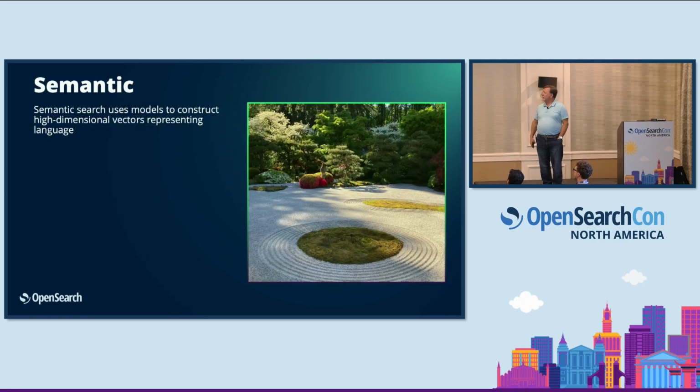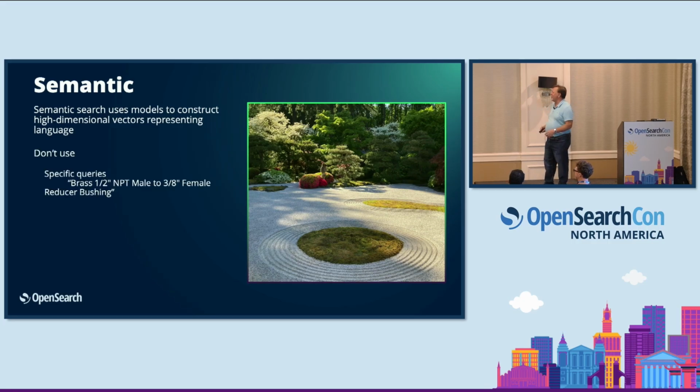Semantic search uses models to construct high-dimensional vectors representing language, right? So again, we're still doing word-to-word. With semantic, what we're able to do is abstract away from individual words to something that's a little bit more abstract, for lack of a better word.